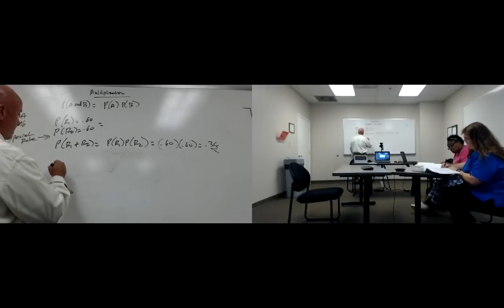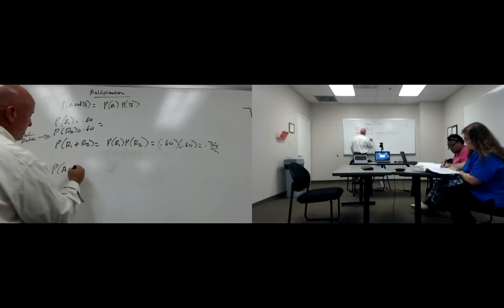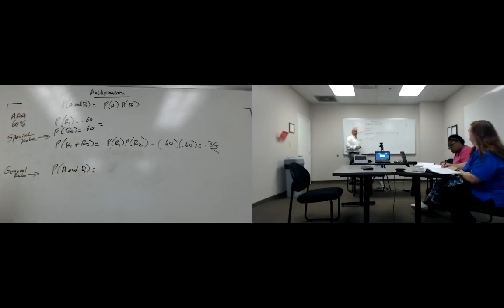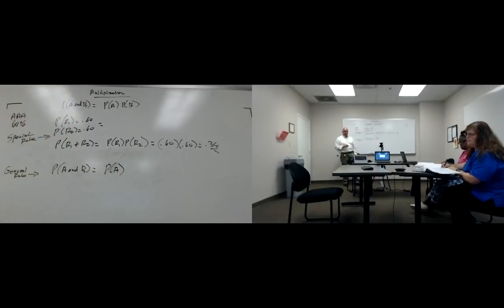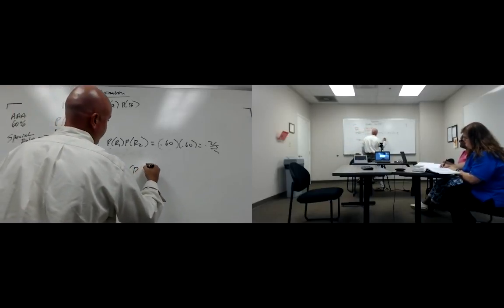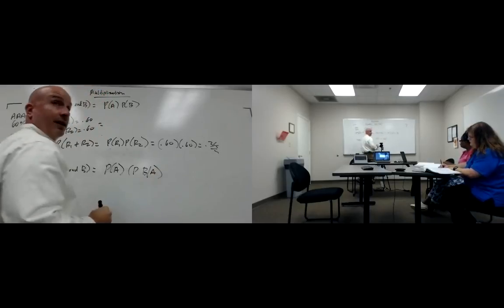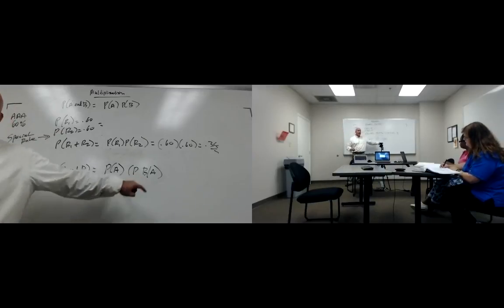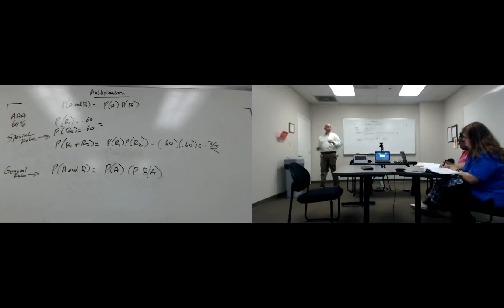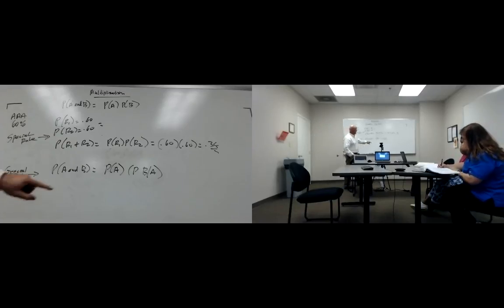The probability of A and B is equal to the probability that A has occurred, multiplied by the probability of B given A. B is only going to occur if A has occurred. I'm not dividing. That's why I'm just drawing that line down to let you know B will only occur given that A has occurred. So we have this conditional probability.